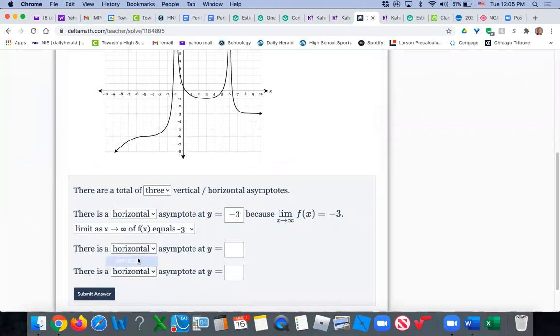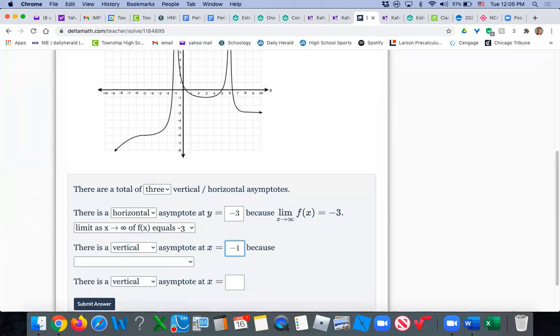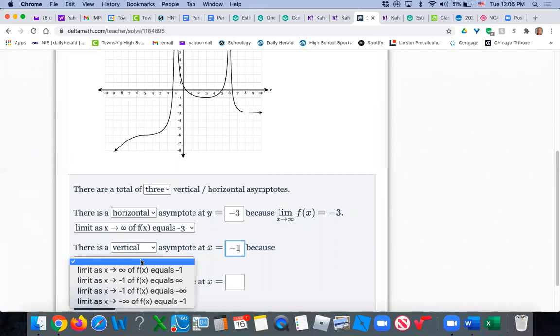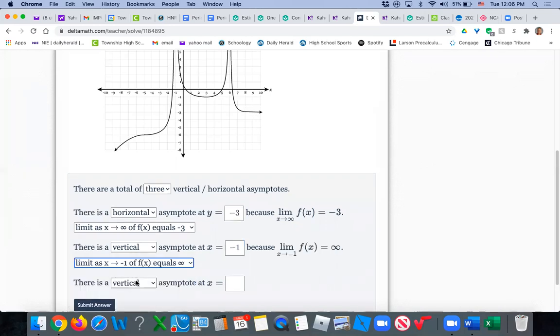Then I have 2 vertical asymptotes, so I'll change both of those to vertical. I'll do the left one first, at x equals -1, because as x goes to -1, those are both going up to infinity, so f of x goes to infinity.